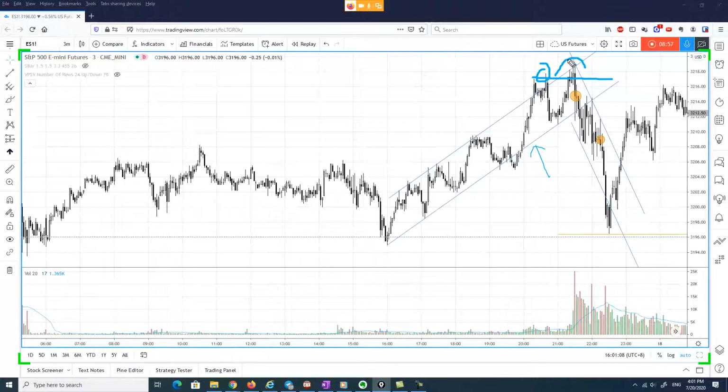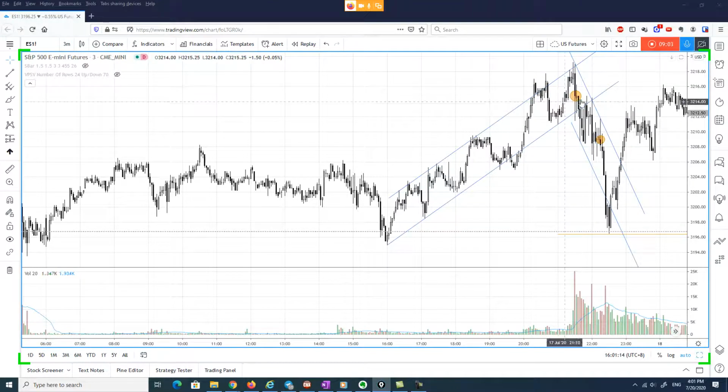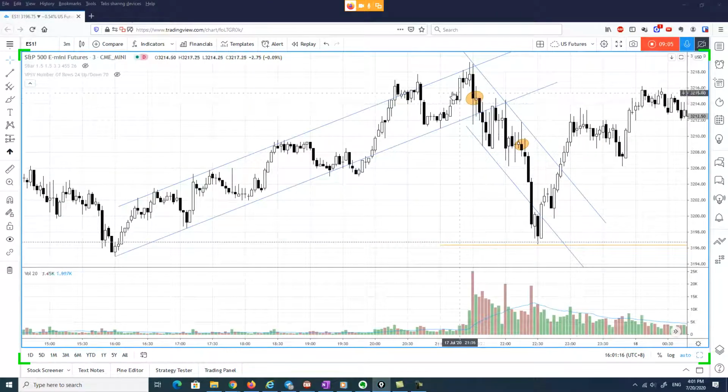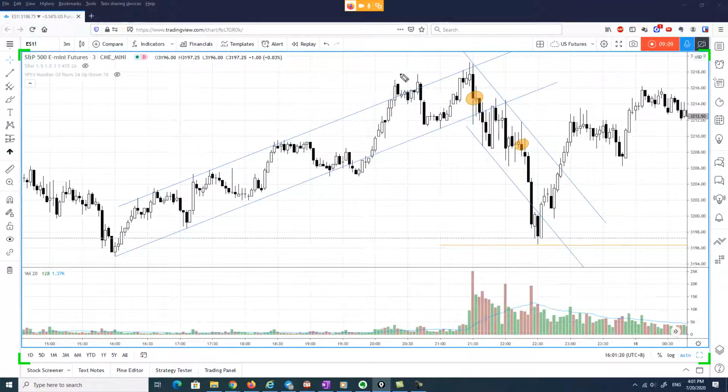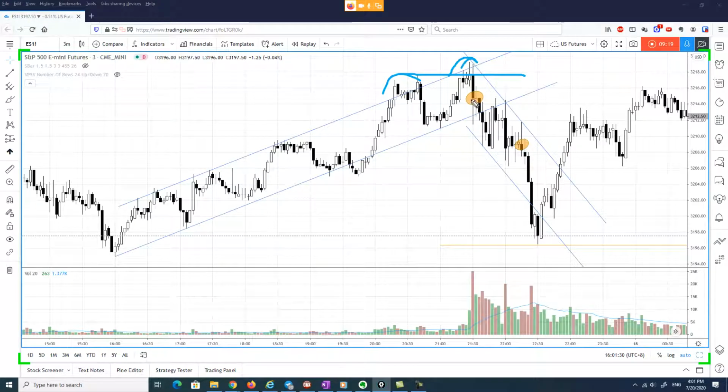We have an overbought situation plus the upthrust situation. So this could become a nice short entry, relying on the upthrust plus the channel overbought, maybe overbought here and then here as well.